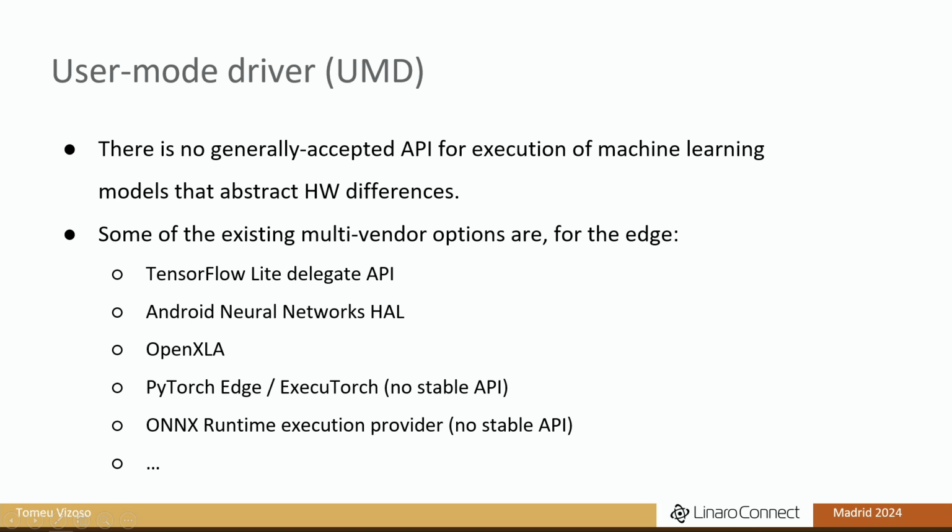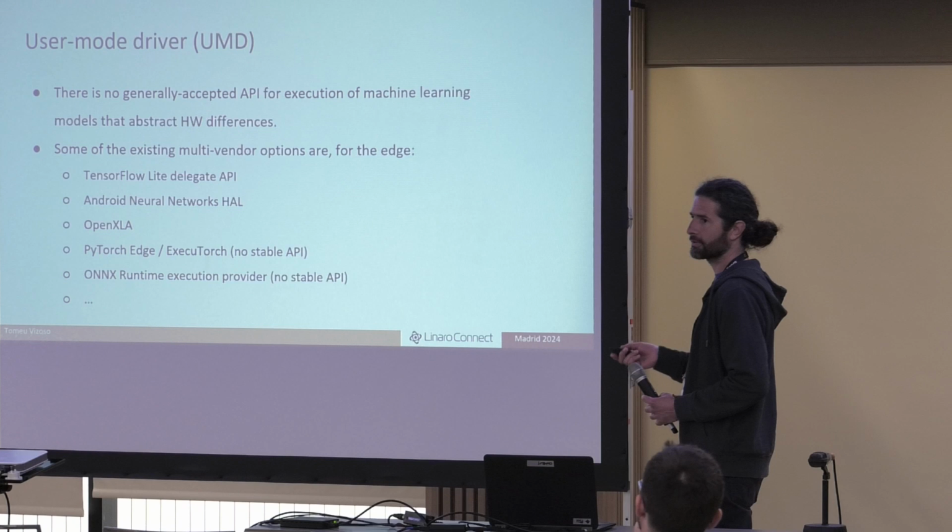Android as well has something like that. It's also a shared library. There's a stable API you can rely on. There's OpenXLA, which doesn't have that much traction yet, but it's looking good. It's pretty similar to the others. Then there's PyTorch and ONNX. It would be great to support them, but they really don't offer this capacity of importing a shared library.